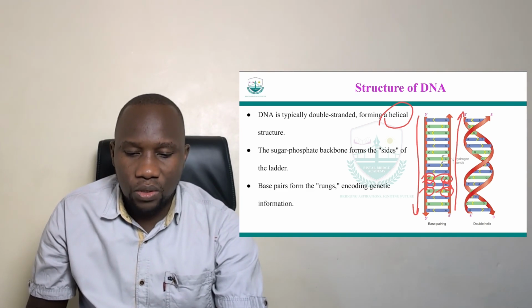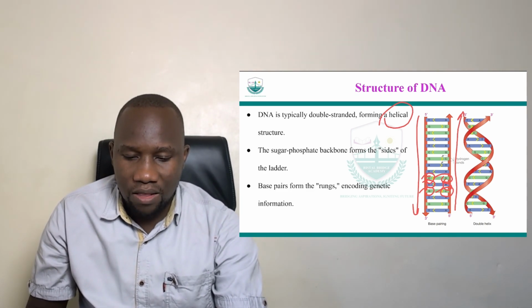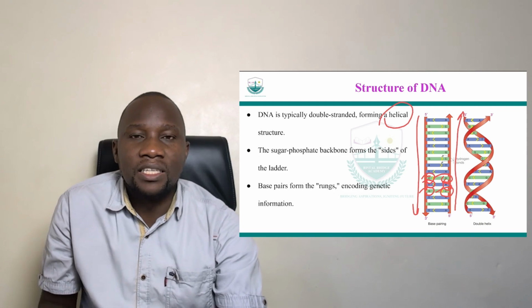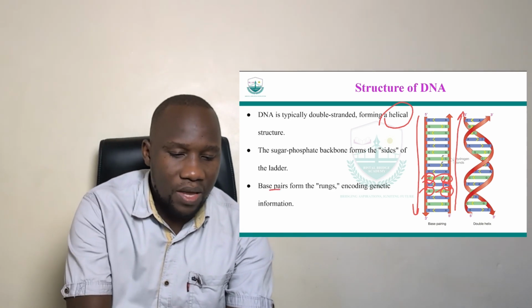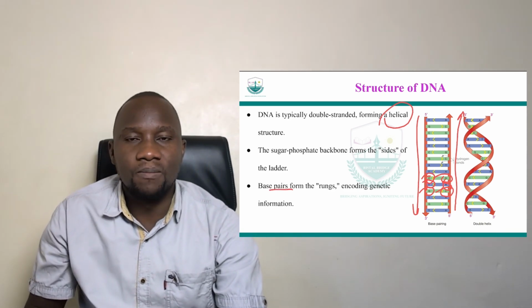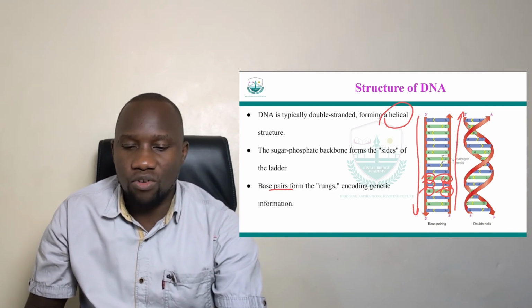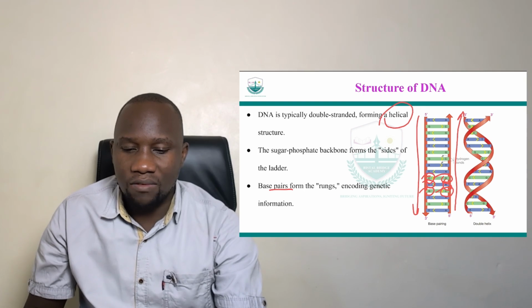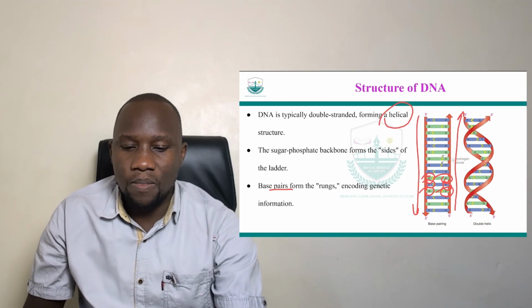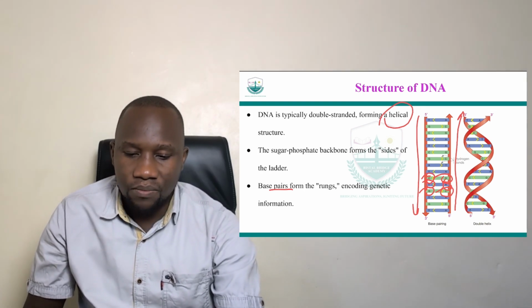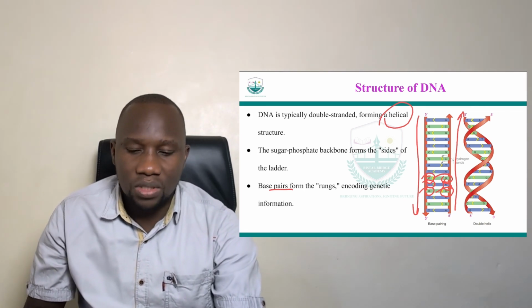So cytosine pairs with guanine and thymine pairs with adenine. That's what we call the base pairing rules, that you don't have any other base pairing apart from that. You cannot have cytosine pairing with, for example, thymine. It cannot happen.